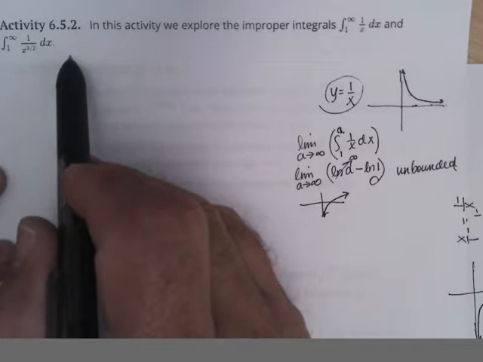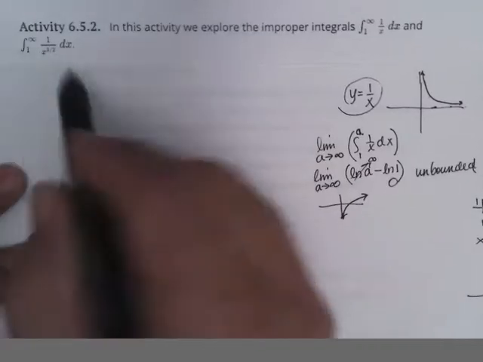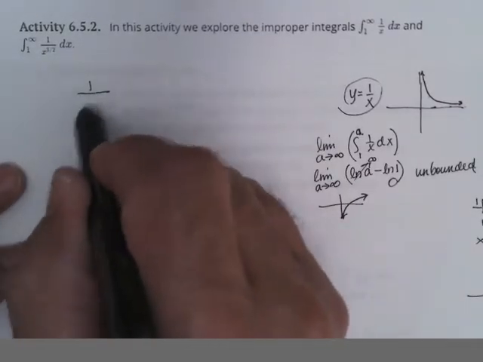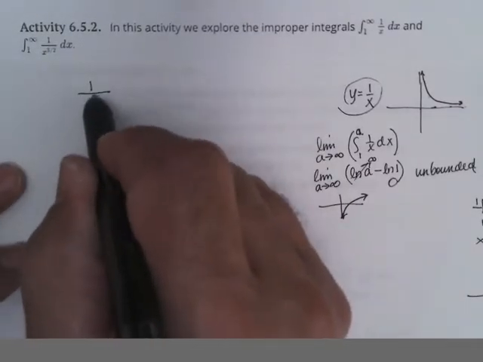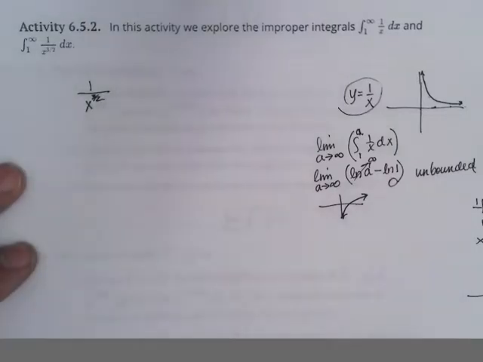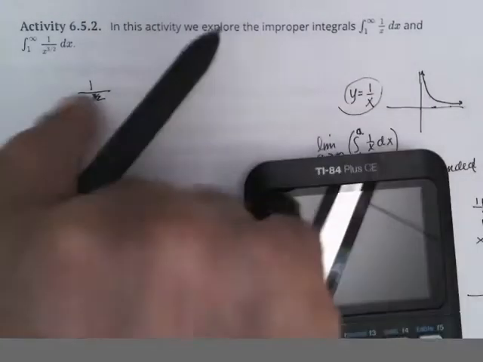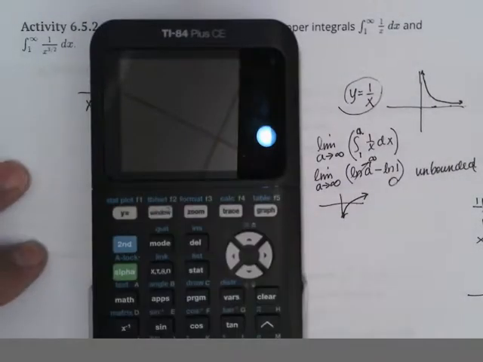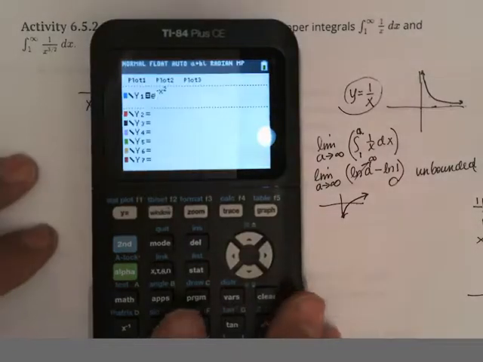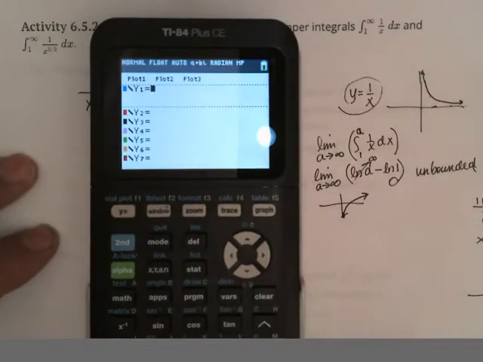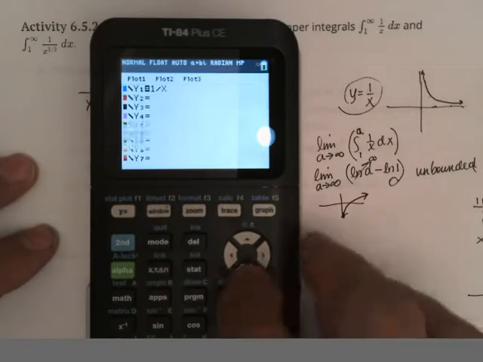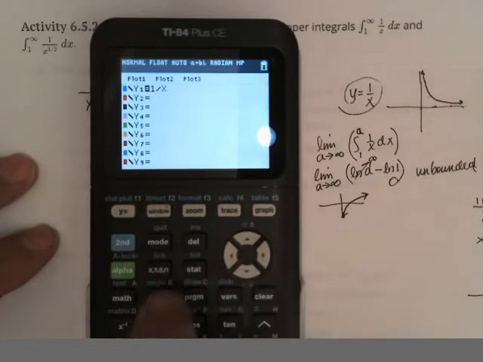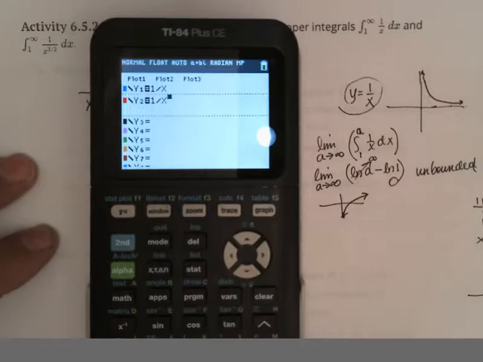Which brings us to this one, where we're doing the integral of 1 over x to the 3/2. So let's compare 1 over x and 1 over x to the 3/2. Clear? 1 divided by x and 1 divided by x to the 3/2.